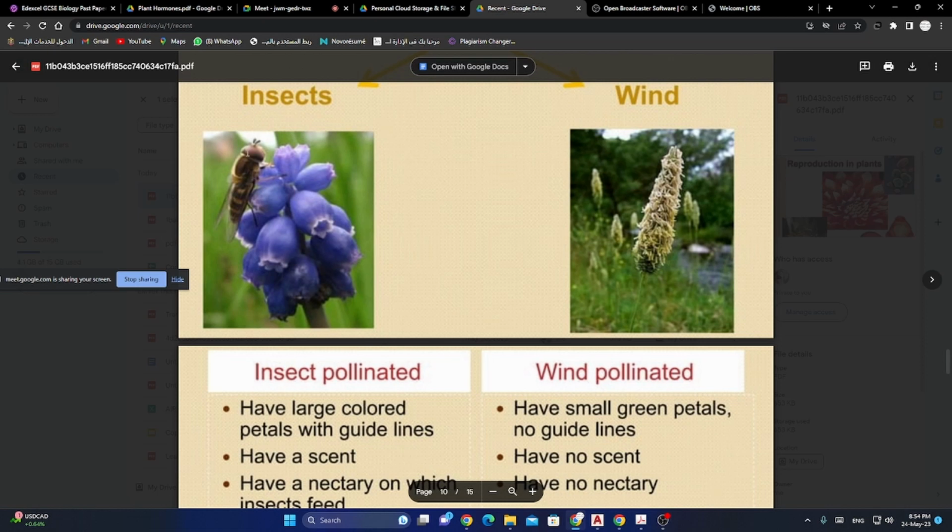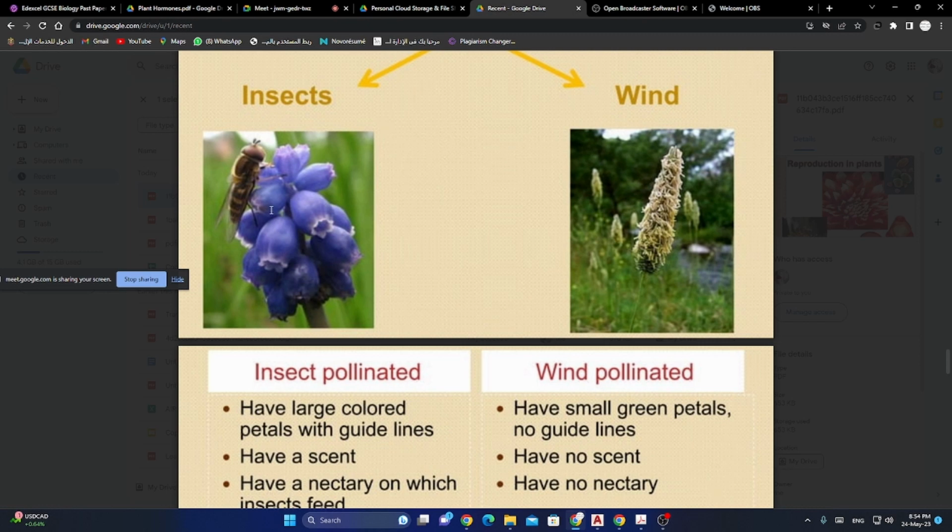And they also have guidelines guiding the insect towards where the nectar is in that flower. They also have some kind of scent that can attract these insects in order for them to find the flower, right?